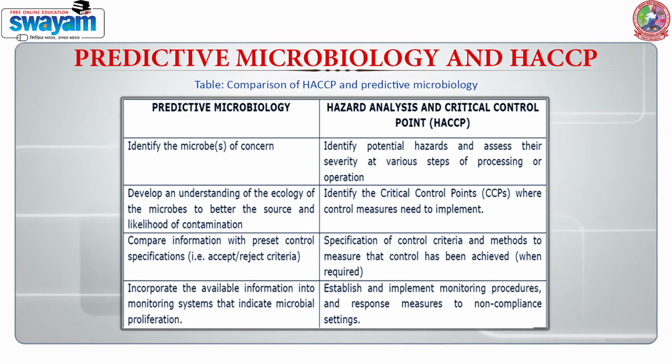When we talk about predictive microbiology, we are trying to incorporate the available information into the monitoring systems, whereas in case of HACCP, we need to establish and implement monitoring procedures to a system where there should be no deviations as per the regulatory guidelines.